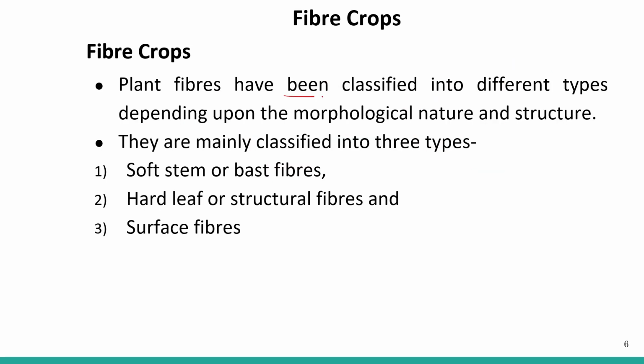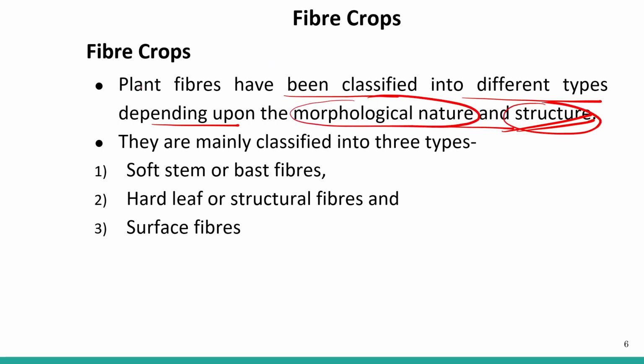Plant fibers have been classified into different types depending upon their morphological nature and structure. On the basis of the morphological nature or the structure, plant fiber can be classified into three different types. The first is soft stem, meaning bast fibers.